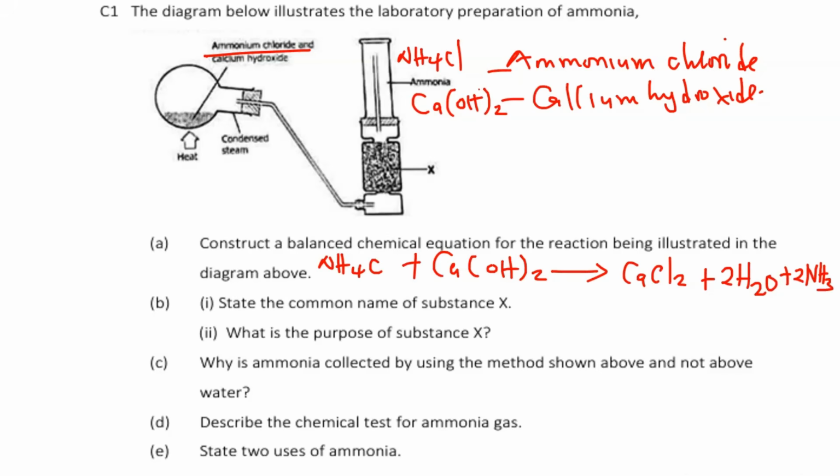This is the gas, this is the liquid, and the rest are aqueous. Of course, in front of ammonium chloride there is a 2. So this is the balanced chemical equation.